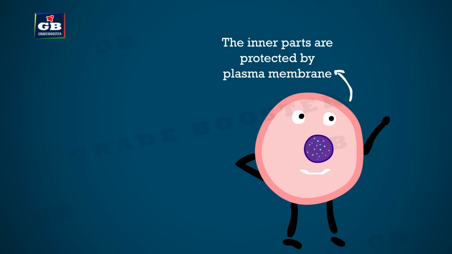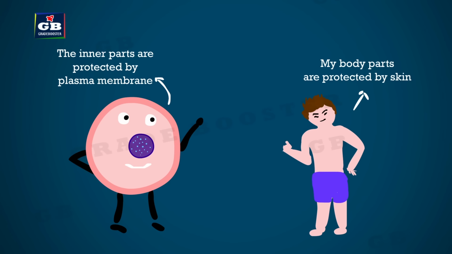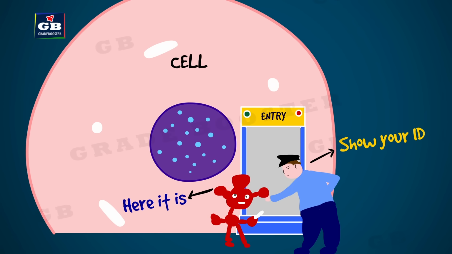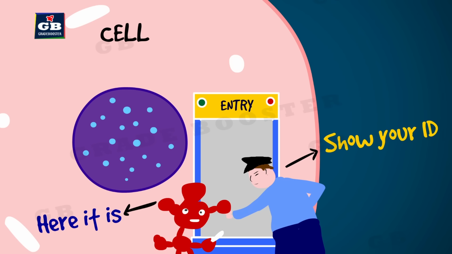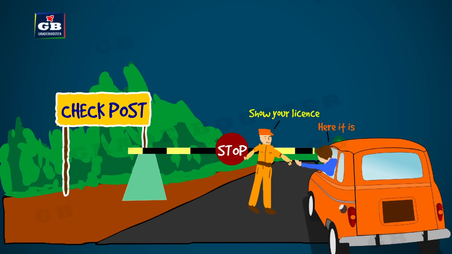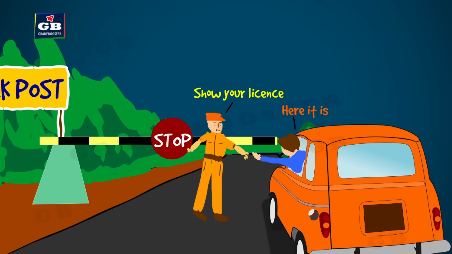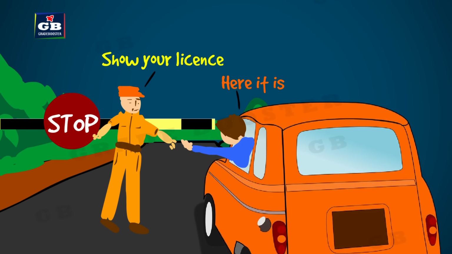Plasma membrane protects the inner components of the cells, just like how your skin protects the inner parts of your body. Plasma membrane controls the entry of the materials into the cell and exit of materials outside the cell. This works like a check post between two different states.